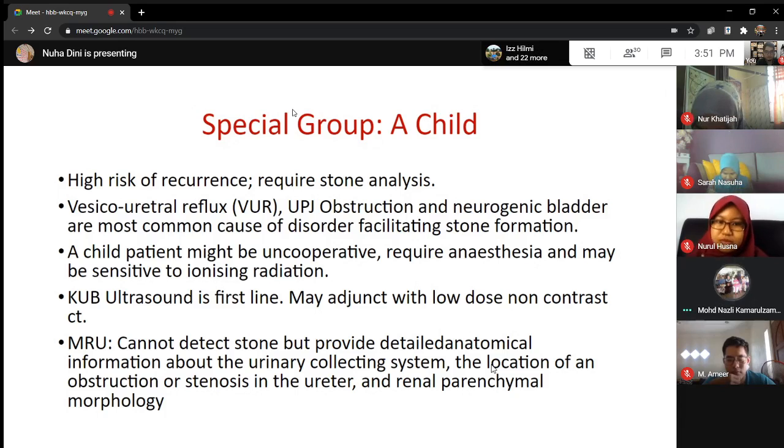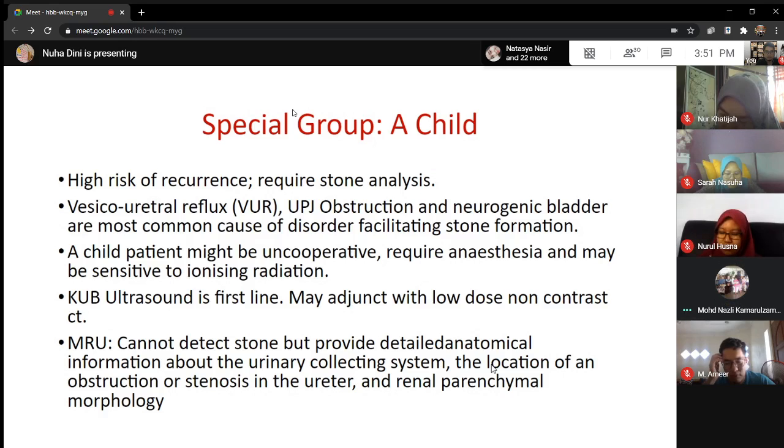In case of stone, you may not be able to see the stone with certain imaging, but with contrast, you will see the stone in the form of a filling defect. So if you see a filling defect inside the ureter from contrasted MRI, let's say T2 imaging, you can see there is stone.